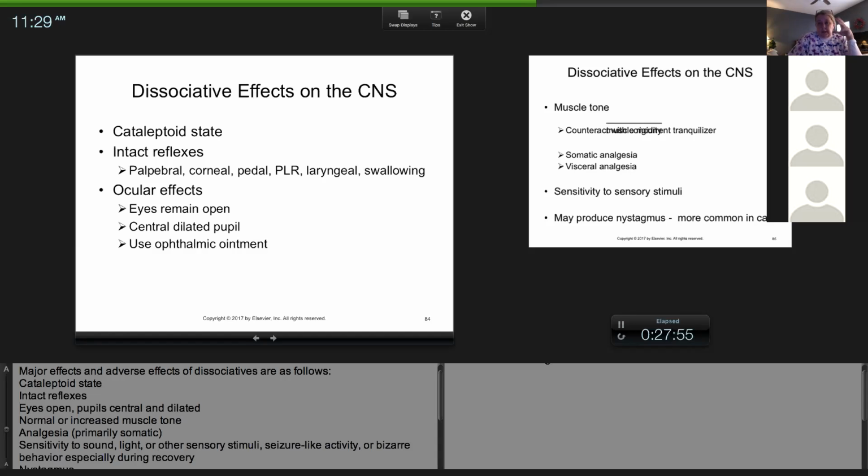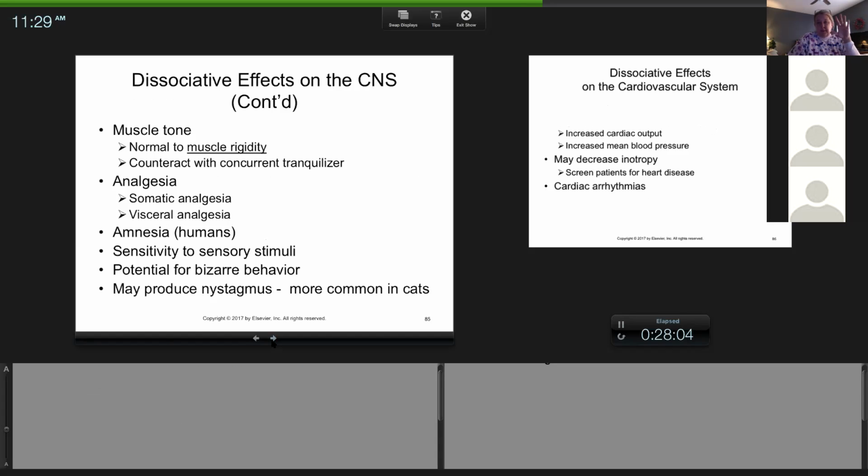So they do retain some of their swallow. Their eyes remain open. Their eyes can get dry, so you definitely got to use the eye ointment, especially with ketamine. And once you get them intubated, these are going to wear off. Now, the key with ketamine or the dissociatives is they tend to be more rigid. That's why you give it with Valium, with acepromazine, with Dexdomitor, butorphanol.